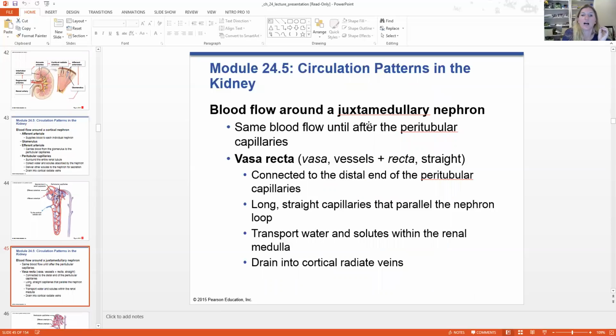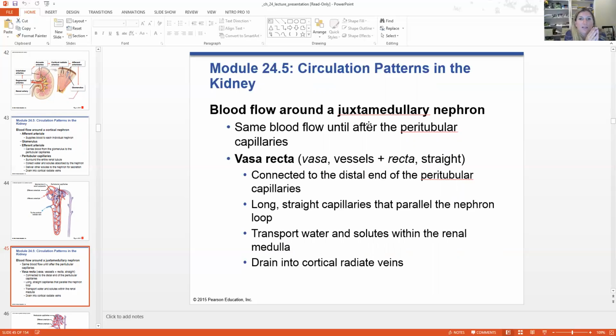So our juxtamedullary nephrons are a little bit different at this point. They do have peritubular capillaries. However, there's also something called a vasa recta. This vasa recta is literally like a parallel vessel to our nephron loop. It's connected to our peritubular capillaries, but it's long and straight, and it literally parallels the nephron loop.